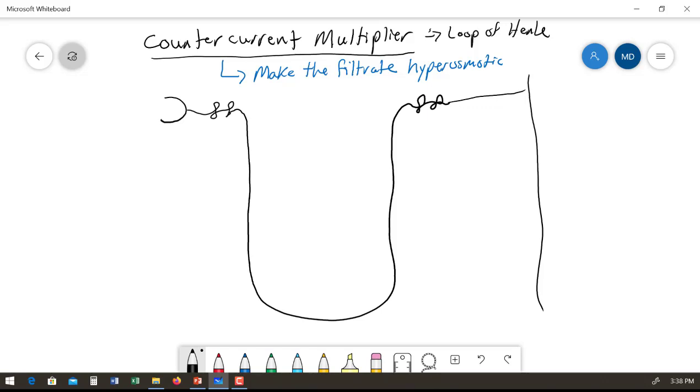Okay, so here are all our pieces. I've just made the loop of Henle much larger here, so that we could work with some numbers around it.